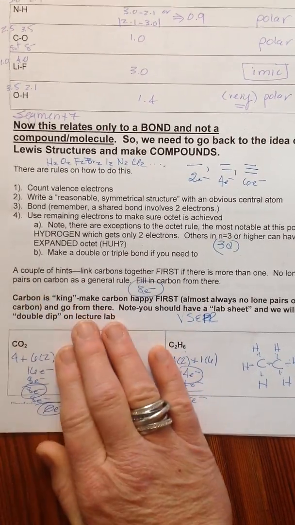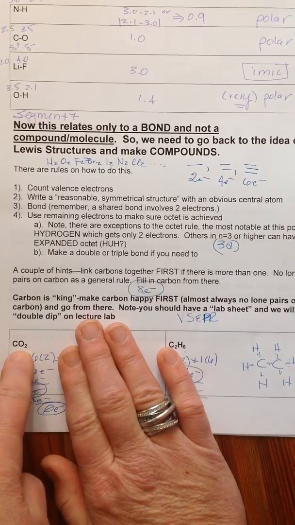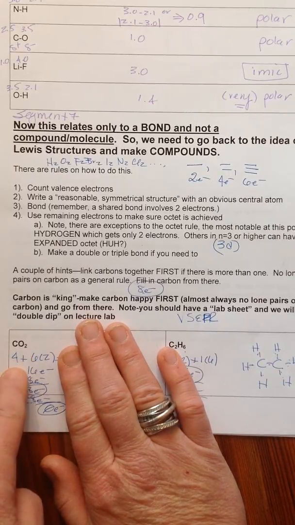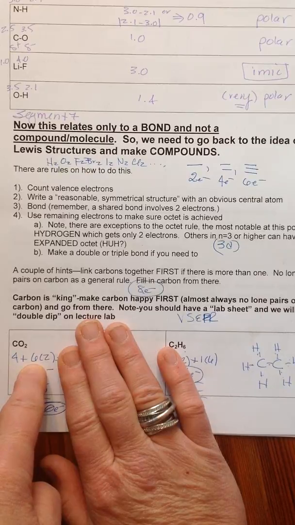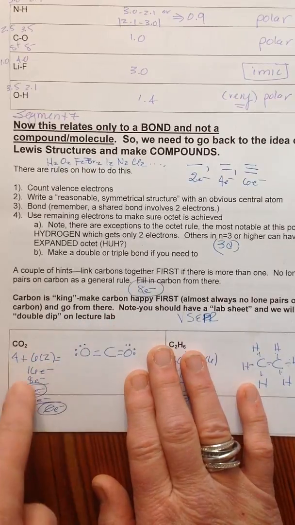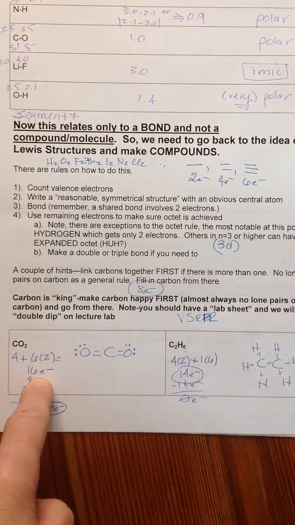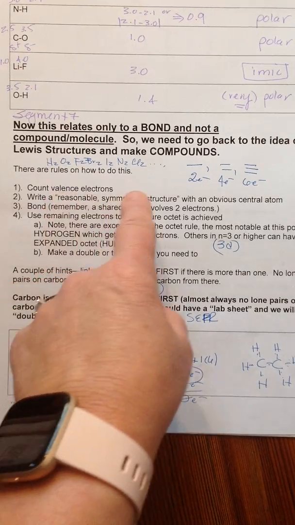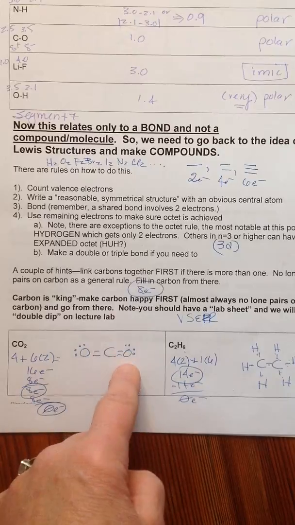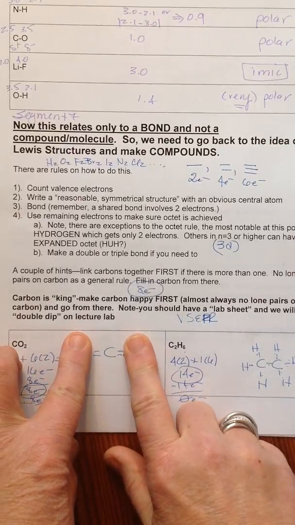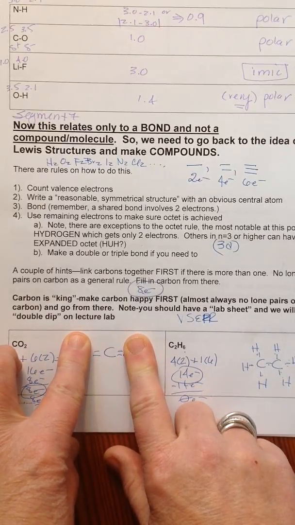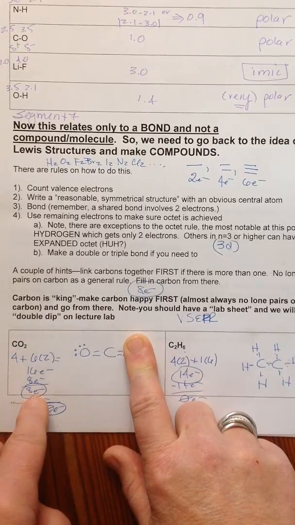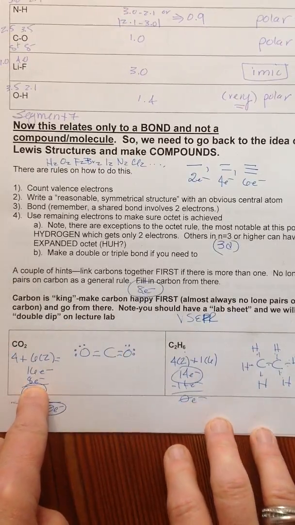So CO2, you want to get out your periodic table. Carbon is in group 4, oxygen is in group 6, and you have 2 of them. So you have 16 valence electrons. Start with carbon, make it symmetrical. That means you put an oxygen on each side, and then you make carbon happy with 4 lines or 8 electrons. That's the 8 electrons that you subtract out.